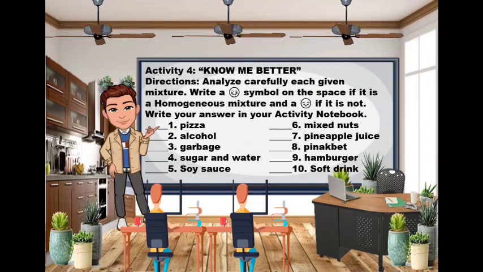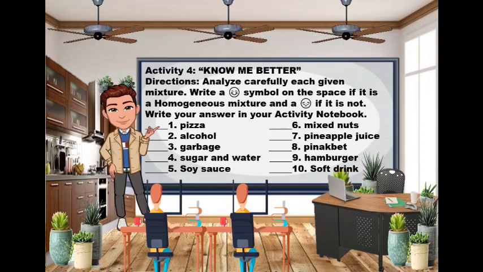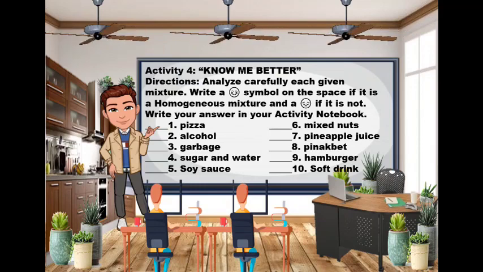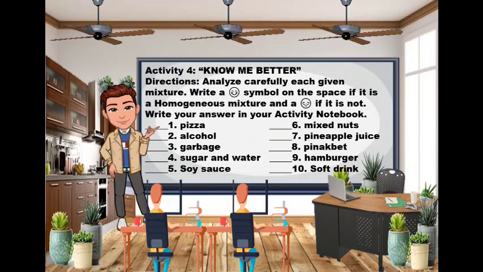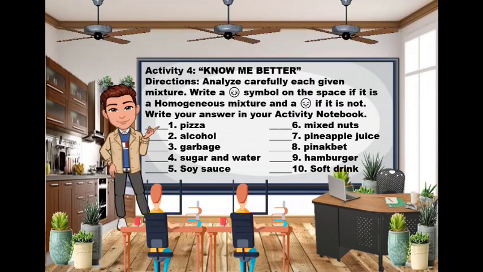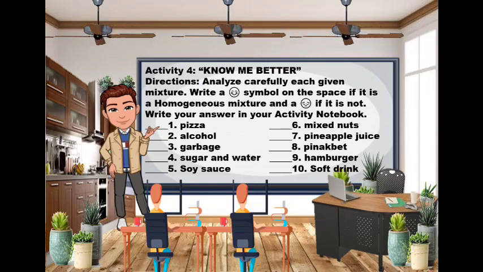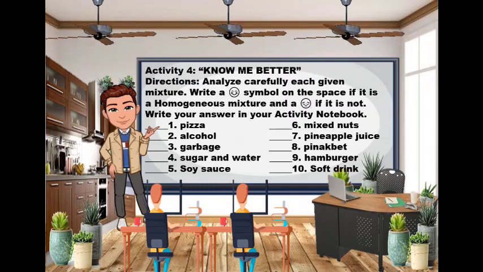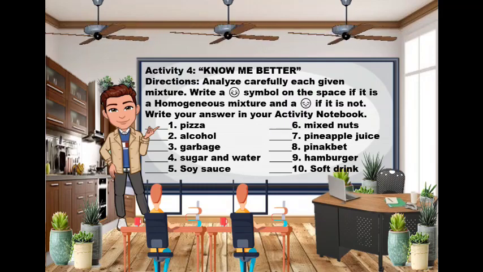Number 1, pizza. Number 2, alcohol. Number 3, garbage. Number 4, sugar. 5, soy sauce. 6, mixed nuts. 7, pineapple juice. 8, pinakbet. And number 9, hamburger. And number 10, soft drinks.